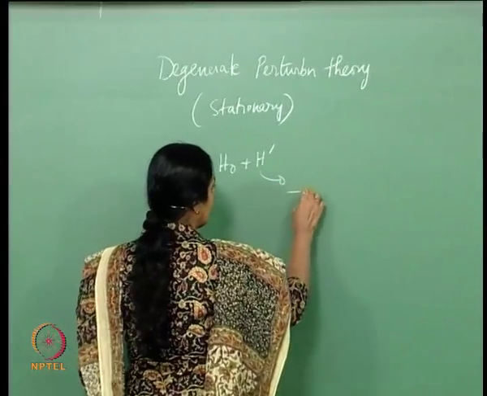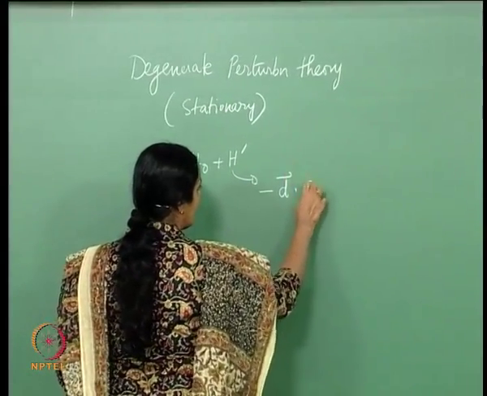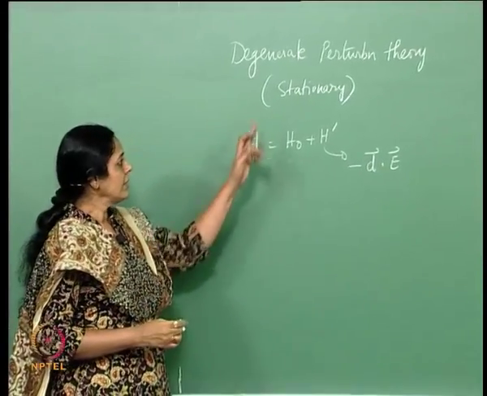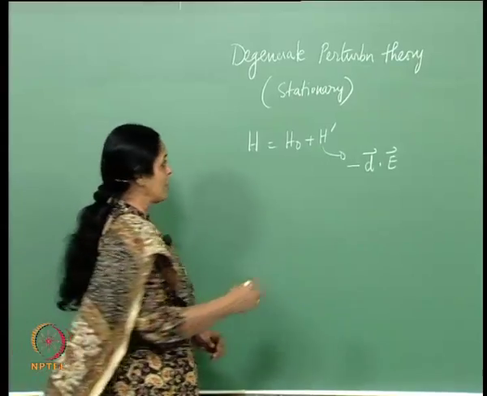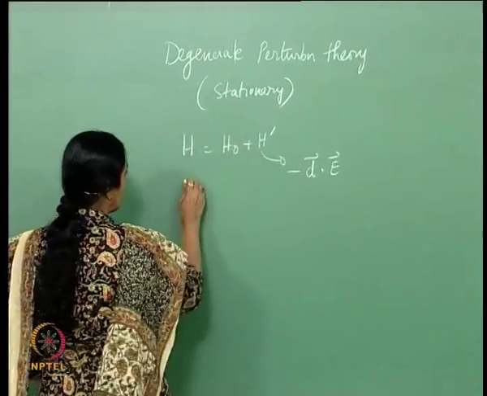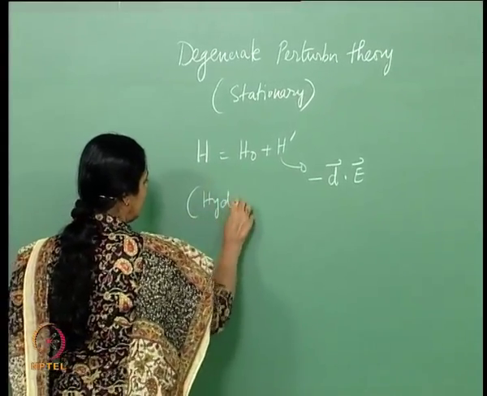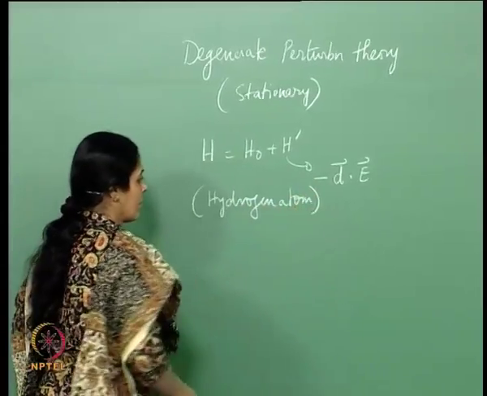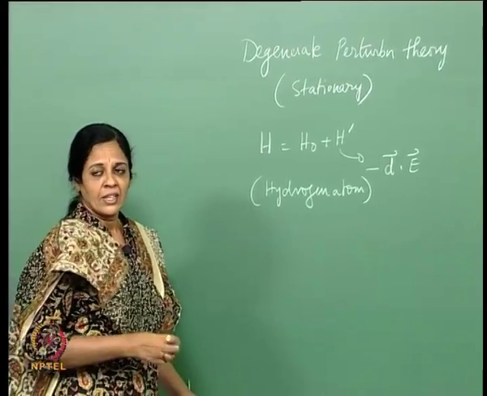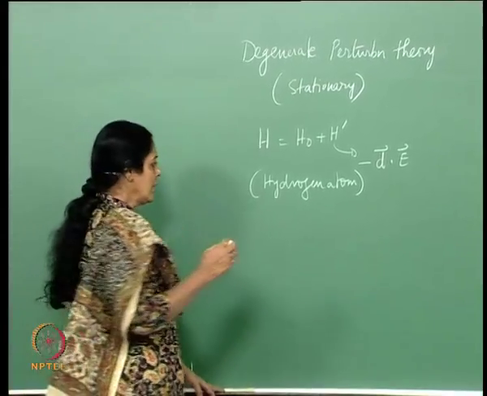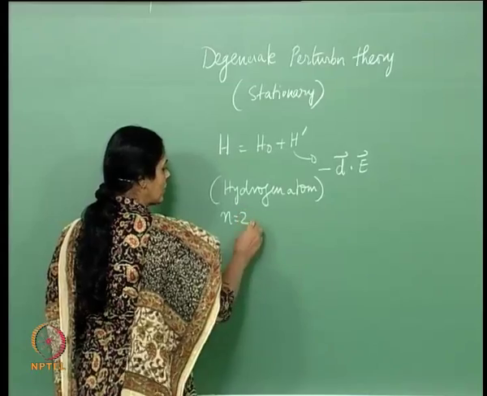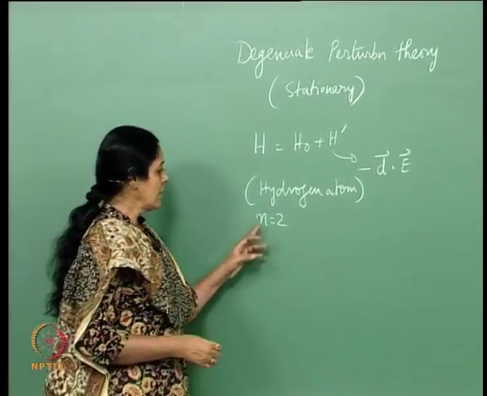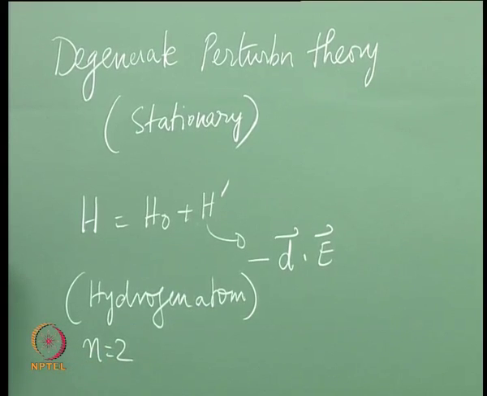Therefore, H prime is minus d dot E, where d is the atomic dipole operator, and indeed we have been looking at the hydrogen atom problem. So the problem considered is the hydrogen atom. And the states that we consider correspond to n equals 2, and therefore there are 4 states, all of them with the same energy value.